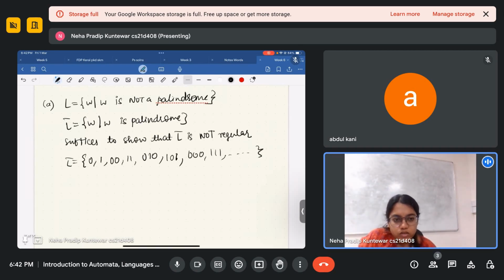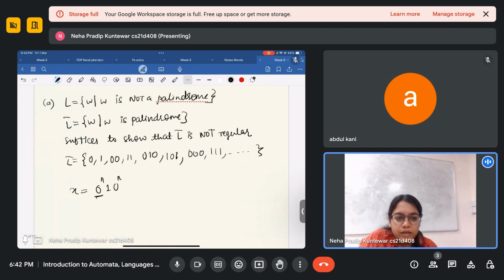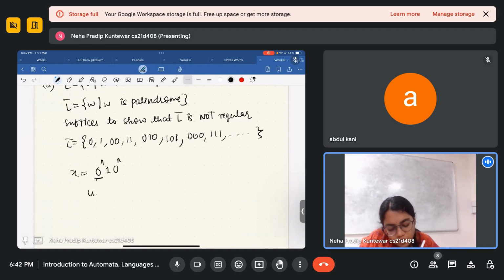In order to show that it is not regular, I'll take the string 0^n 1 0^n. Is this string a palindrome? Yes, because if you read it from right to left, it still reads 0^n 1 0^n. And what is the pumping length? The pumping length is n. So that means uv is nothing but 0^n.